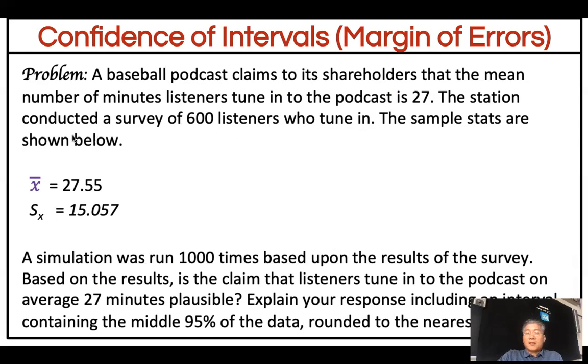The station conducted a survey separately of 600 listeners. When you put the survey data into the calculator, the sample stats are shown below. The sample mean is 27.55. The sample standard deviation is 15.057.